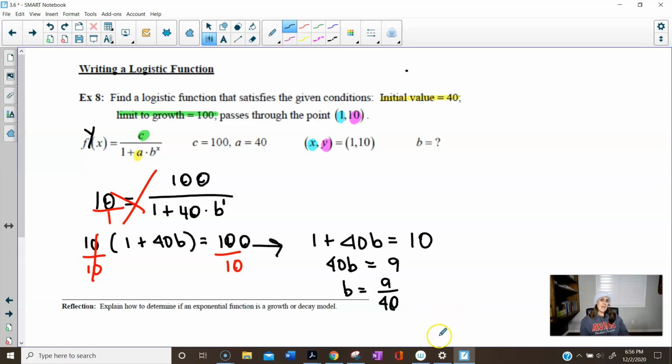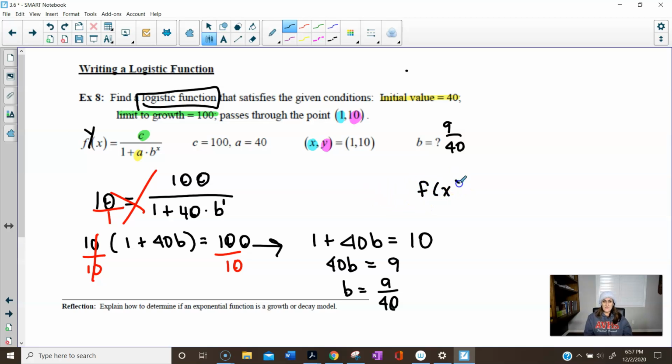All right, so now I am ready to write the logistic function. So writing the function, we have to plug in C, A, and B. And then you've written the function. You want to leave x and y because those are all the x, y values along the function. So what's the equation?